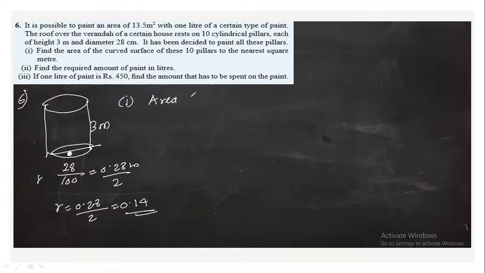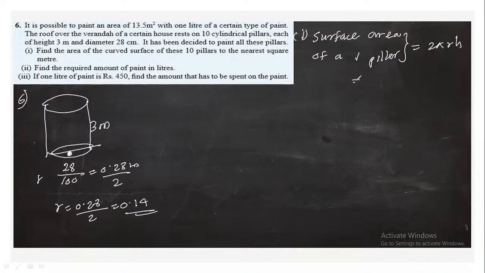First, find the surface area of one pillar. Curved surface only we need. Then 2 pi r h: 2 into 22 over 7 into radius 0.14 meter into height 3.